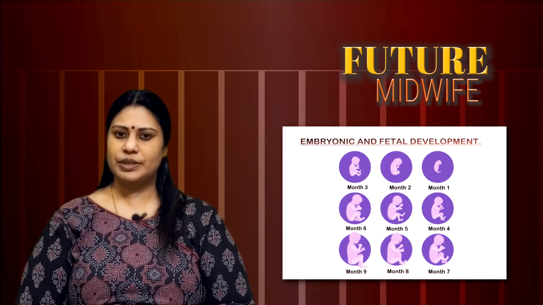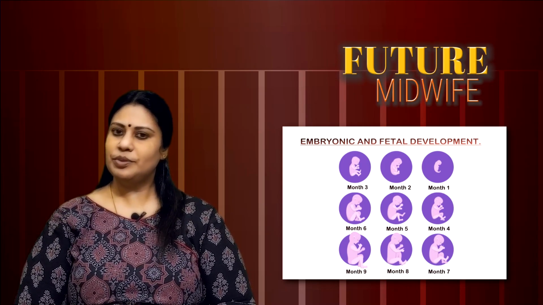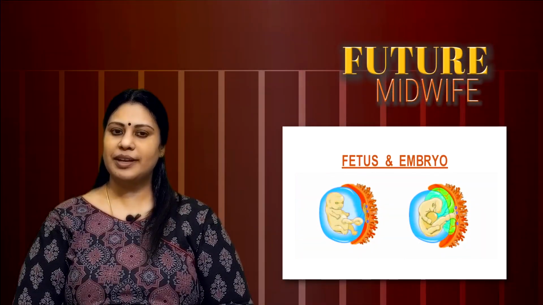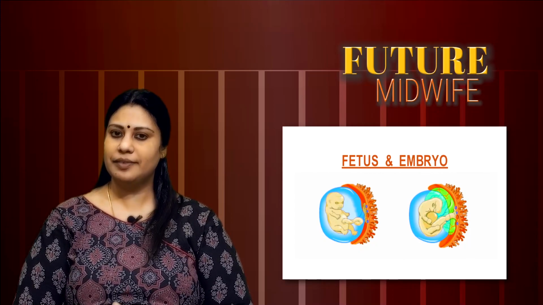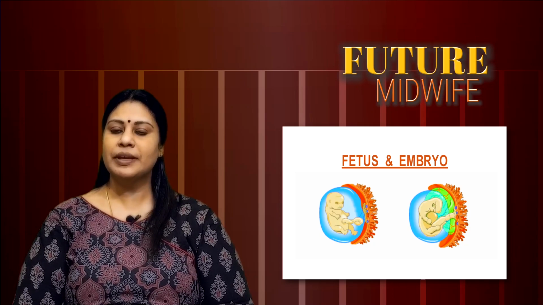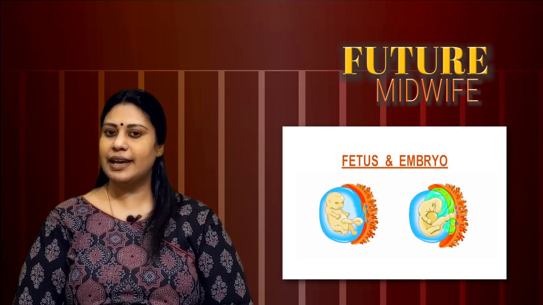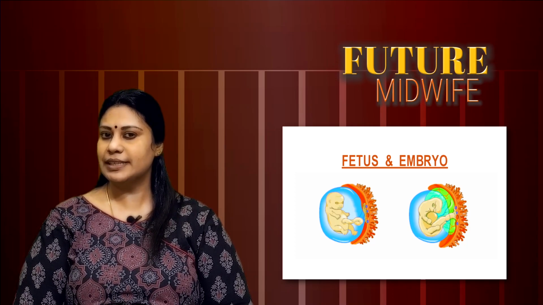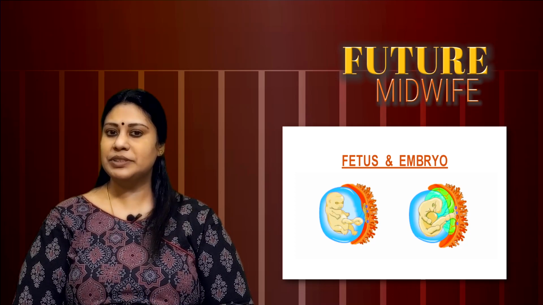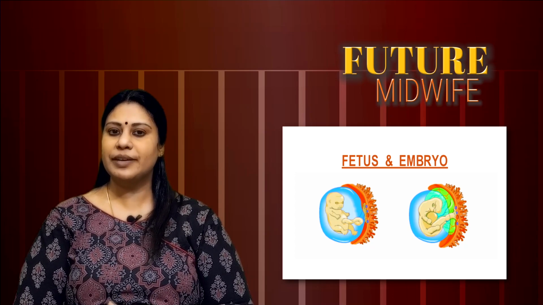Before moving to the topic, we want to know what we mean by fetus and embryo. Embryo denotes a new organism in the earliest stage of development. After fertilization, the fertilized ovum undergoes mitotic division, its cell number increases, and it undergoes many developmental processes until the 8th week of development.